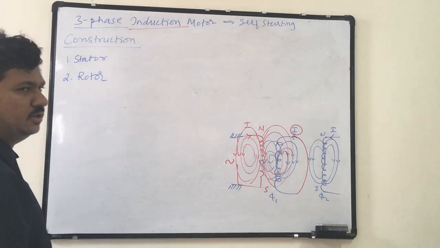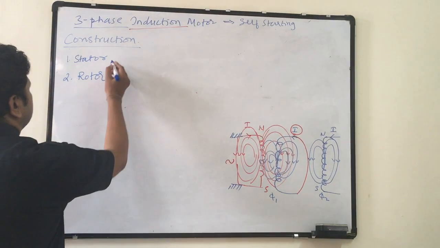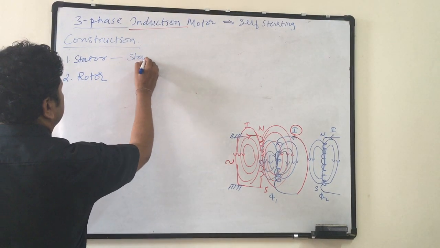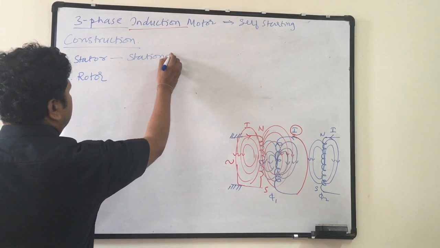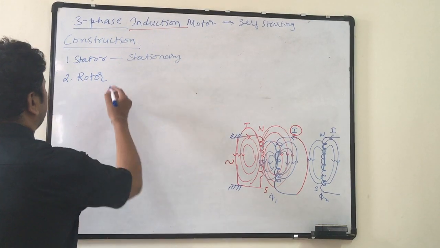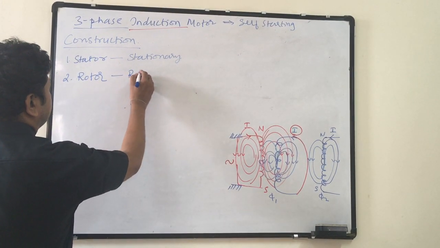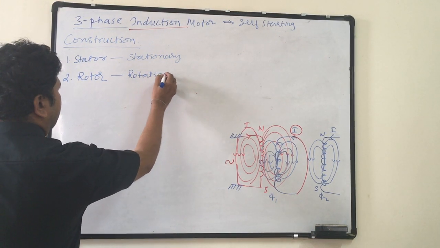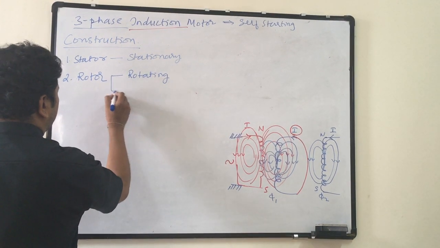Stator is of only one type. It is stationary. Rotor is rotating, as the name suggests, and rotors are of two types.